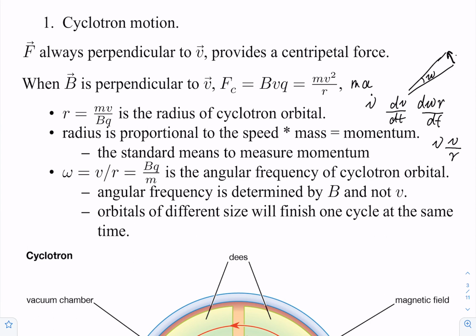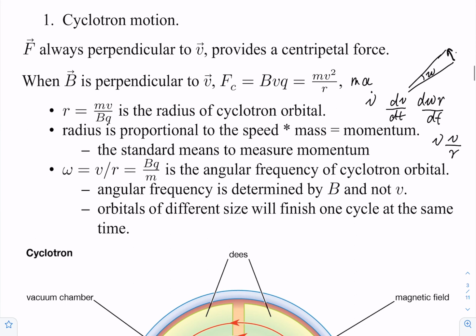So it actually is a standard means to measure the momentum of a charged particle. As long as you know your magnetic field and the charge of the particle, and you determine the radius of this circular orbit, then you can determine the momentum of this charged particle.